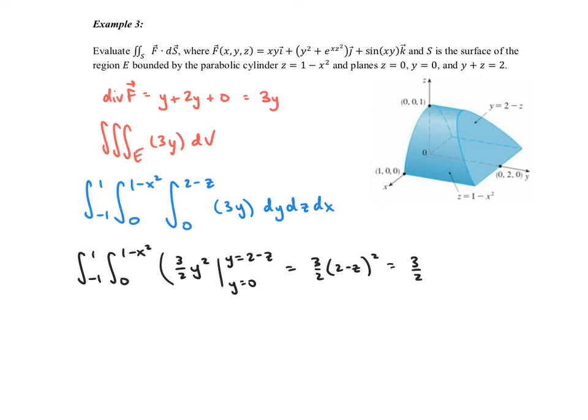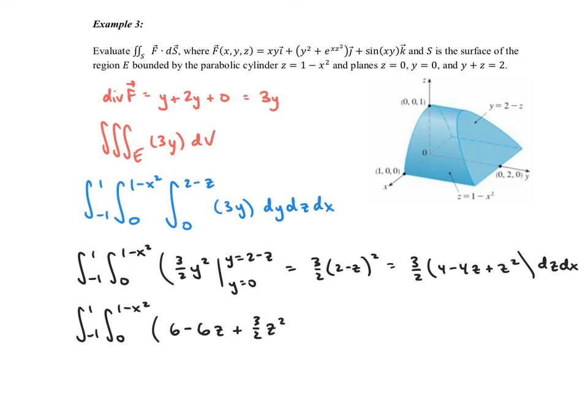That's going to be 3/2 times (4 minus 4z plus z squared), and we still have dz, dx. So just to simplify it one step further, we have 6 minus 6z plus 3/2 z squared. Okay, so we've gone from a triple integral down to a double integral.